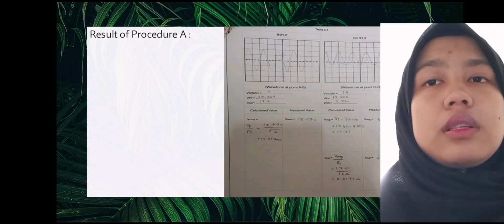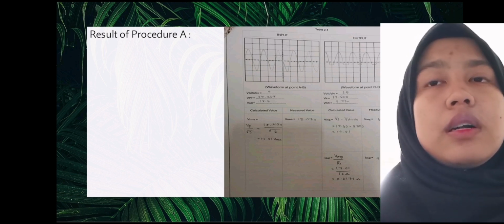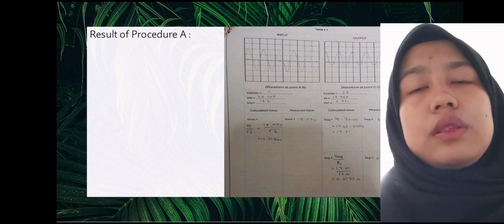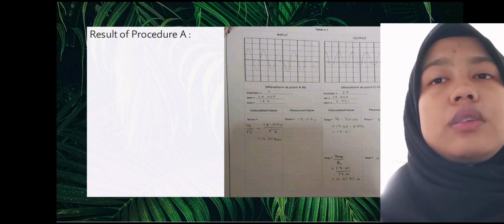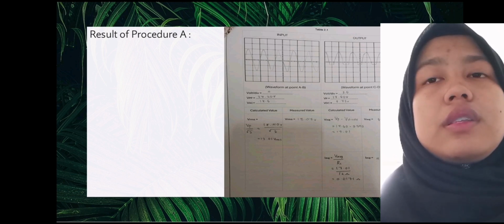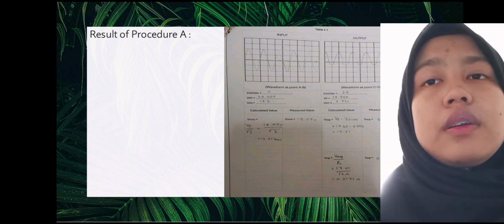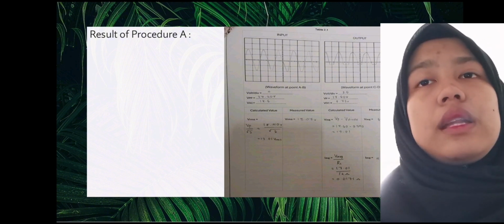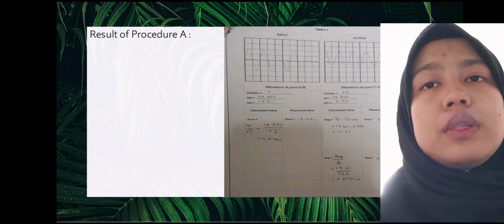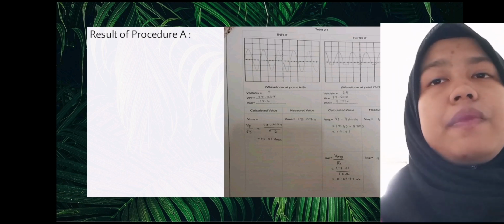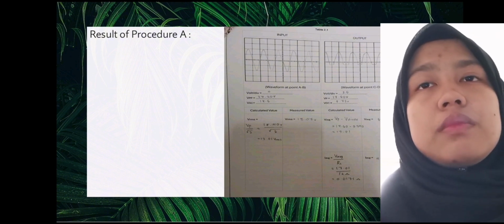Here is the result of procedure A. We can see that the volt per division for input point A to B is 4, VPP is 37.20 volt, and the VAC is 18.6. So we need to calculate it using the formula VRMS is VP over the square root of 2.